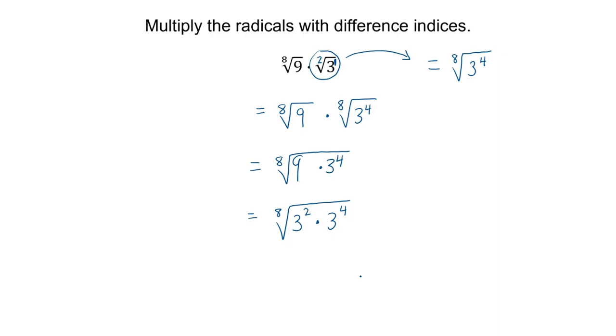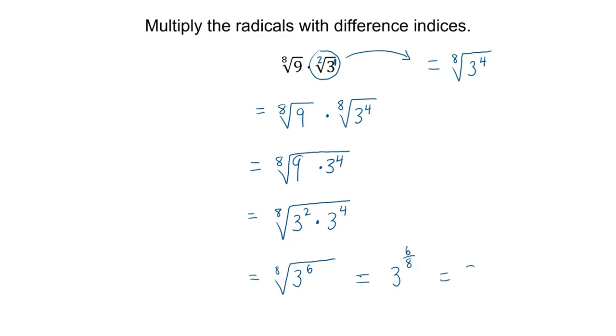Now notice I have like bases underneath the radical sign. So because we have like bases, we can use our laws of exponents again and say that's the same thing as the 8th root of, keep the base and add my exponents. It's the 8th root of 3 to the 6th. Well, that's the same thing as 3 raised to the 6/8 power. Well, if we see a fraction like 6/8, we're going to reduce that, right?